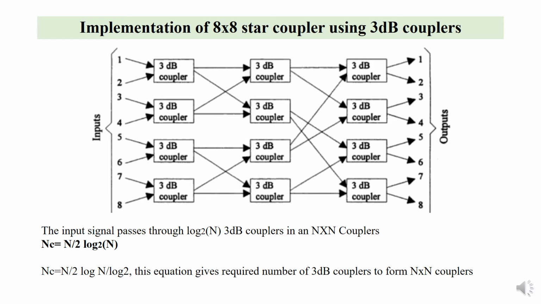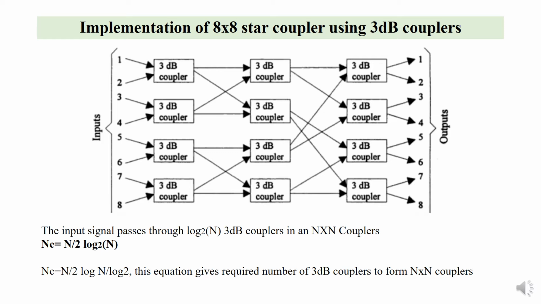The star couplers in WDM systems take all the entering optical signals and combine them from multiple input ports and then divide them equally among the output ports. So the key part of a star coupler is that an n cross n coupler will divide the power up by n times.